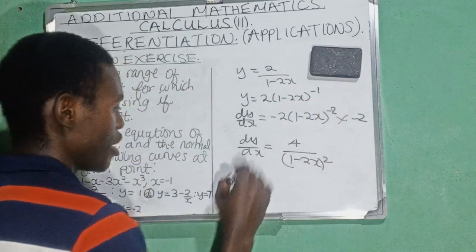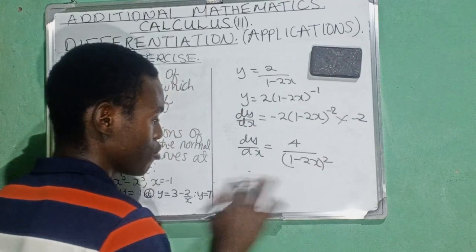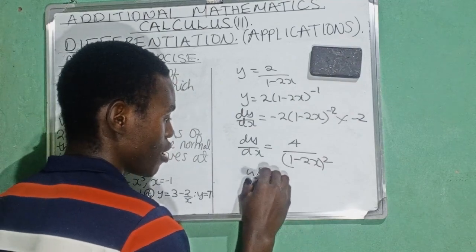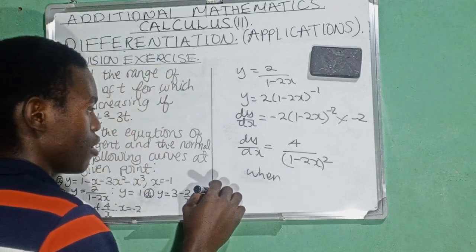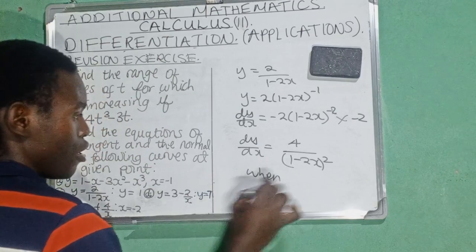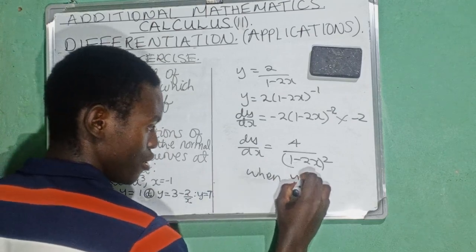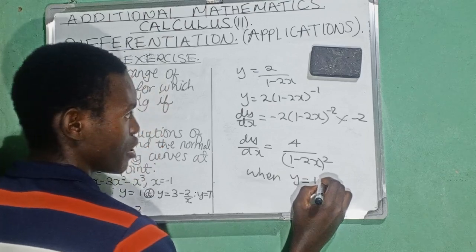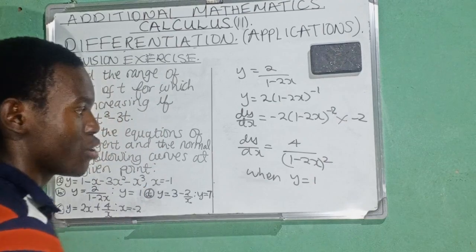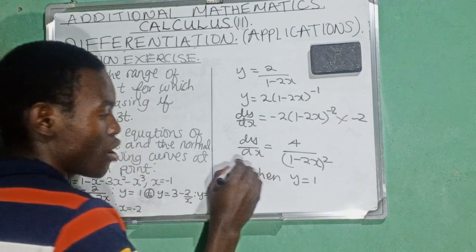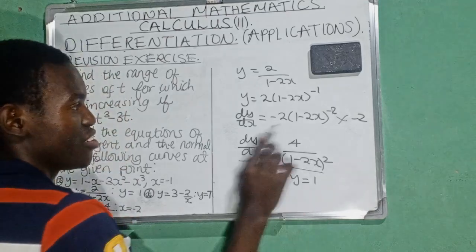And then we're going to say, when y is equal to 1. First of all, what we have done is we have found our dy/dx. Take note of what I did here.